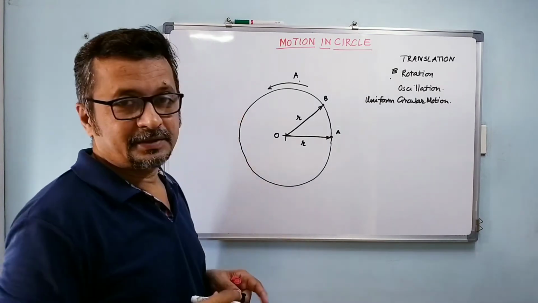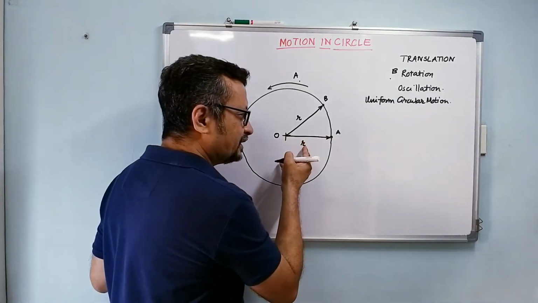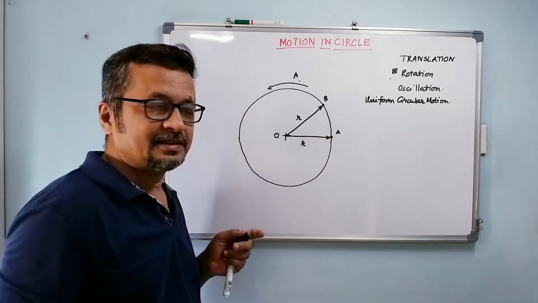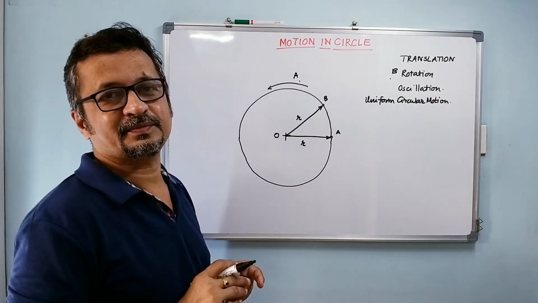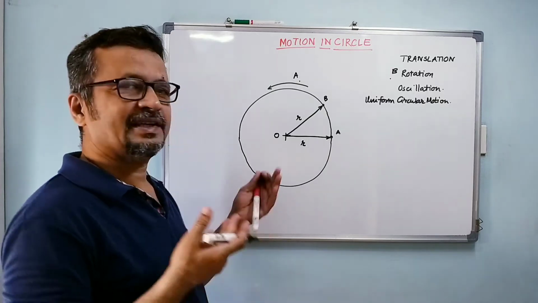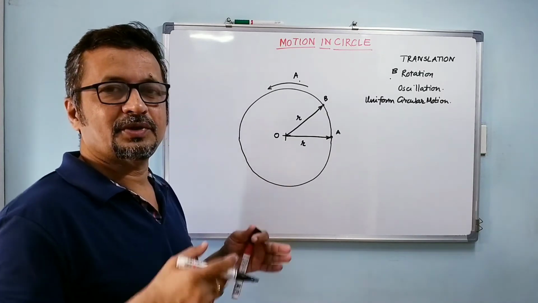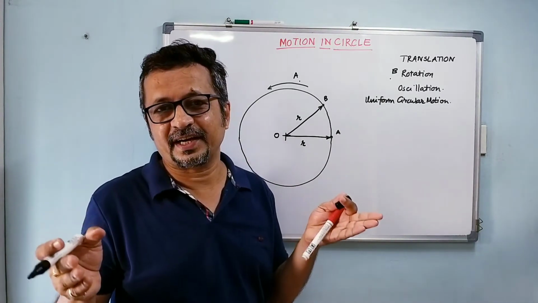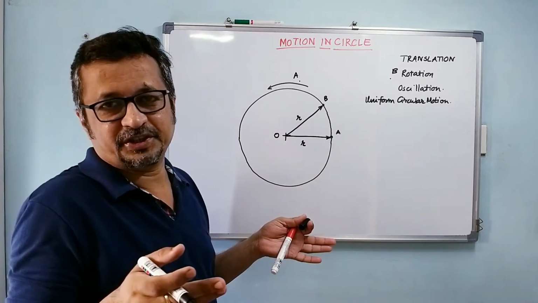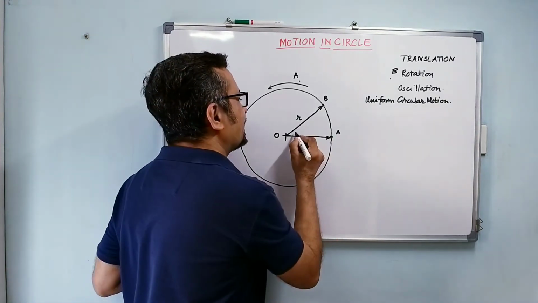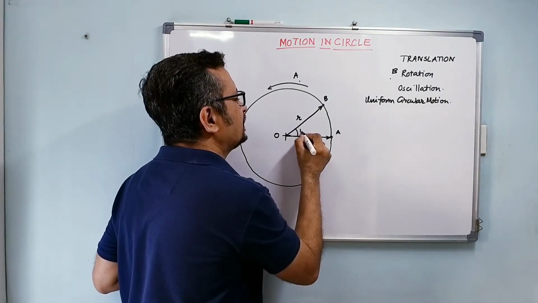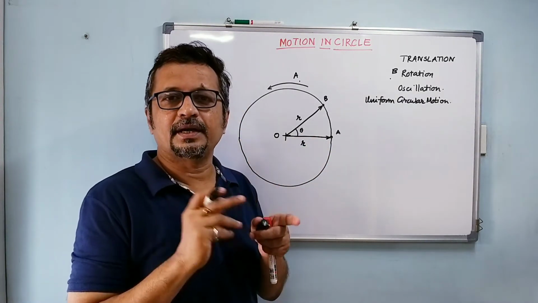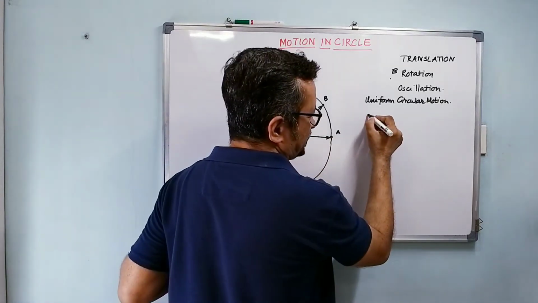But this vector which was pointing towards east, now it is pointing somewhere else, right? Because the particle has moved. So now there has to be something to indicate the change, correct? Distance from the center is not changing, but this angle is changing, and that angle we call theta, and that angle is called angular displacement.